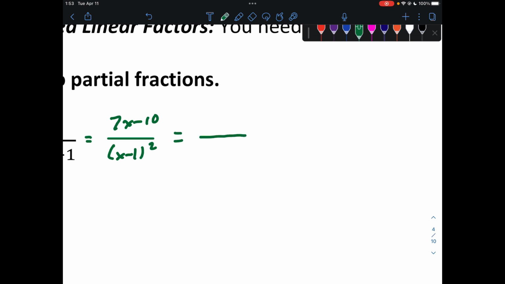The first degree linear power gets a constant, but also every power up until the last power also gets a constant. So let's just say this was a 4 here. We would do x minus 1 squared, x minus 1 cubed, x minus 1 to the 4th. But since it's just squared, we stop here.